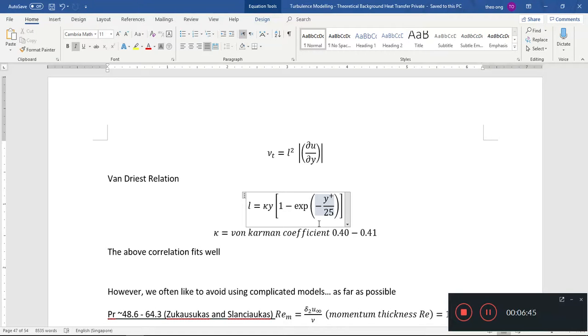So that means when y equals 0, exponential of 0 is 1, meaning this term disappears. The mixing length disappears. Far away from the wall, you have this going to minus infinity, so this term should actually disappear, and you get kappa y.